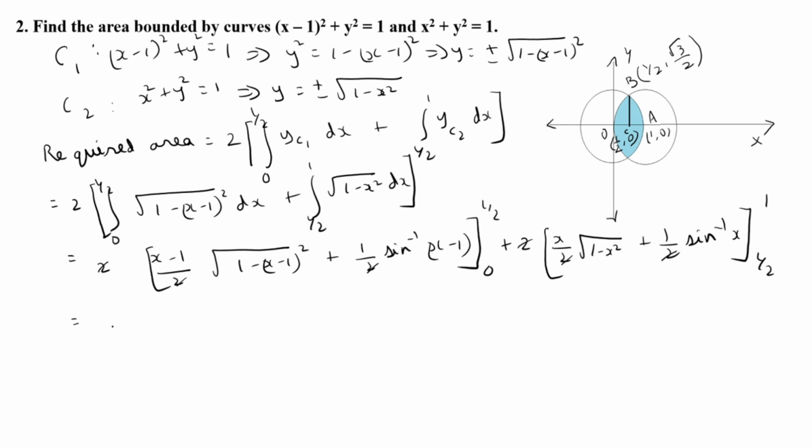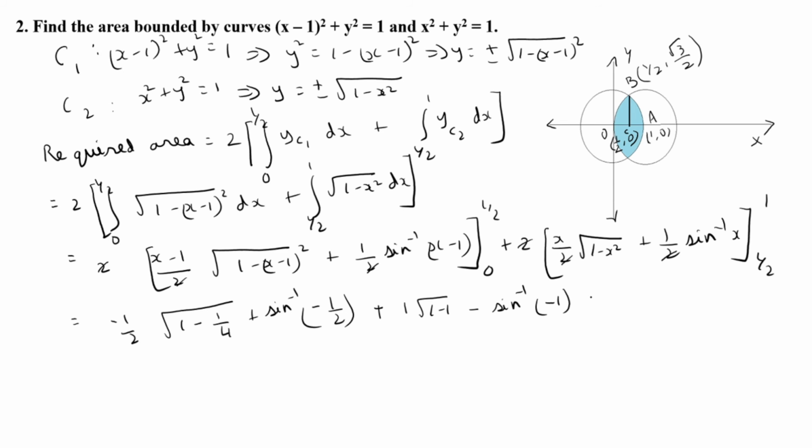Now let us substitute the limits. So half minus 1 is minus half, root of 1 minus (half minus 1) the whole square is 1 by 4, plus sine inverse of half minus 1 is minus half. Substituting the upper limit, minus of minus 1 is plus 1, root of 1 minus 1, minus sine inverse of 0 minus 1 is minus 1.